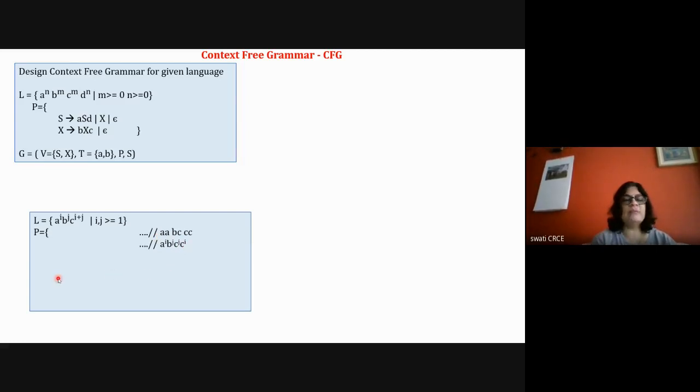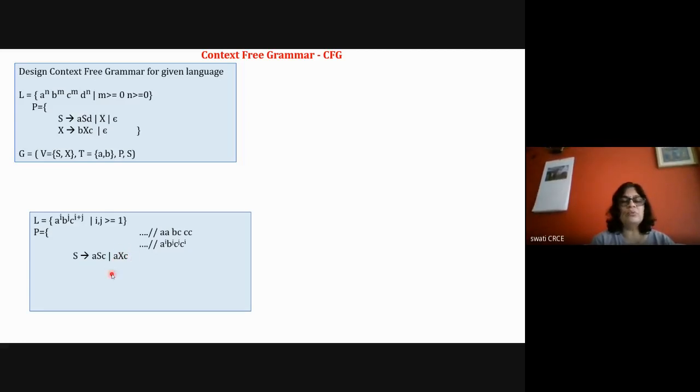So your S will be equal to ASC. And S will be equal to either this, but at least it should be there for 1 time. So either it will be this or AXC. So if it is only 1 time, then it will use this particular second rule.